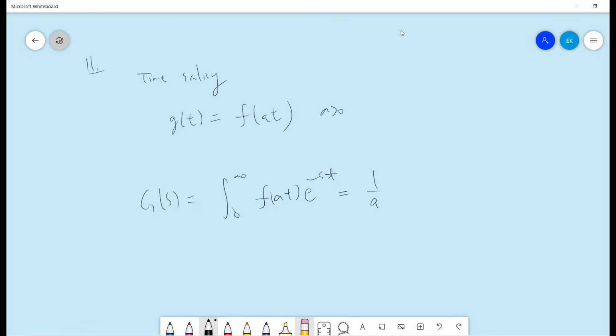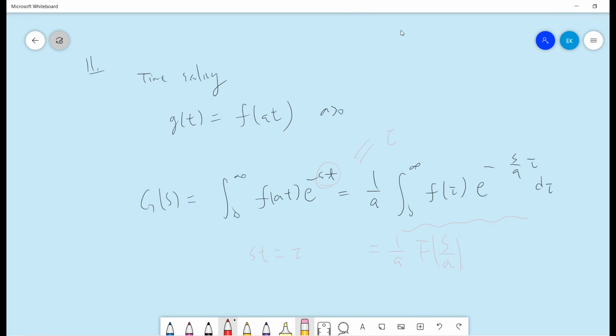It's just 1 over a times the integral from 0 to infinity of f of tau times exponential minus s over a tau d tau. I just do the change of variable, at equals tau. So this is just 1 over a, and this is just the Laplace transformation but with s changed to s over a.